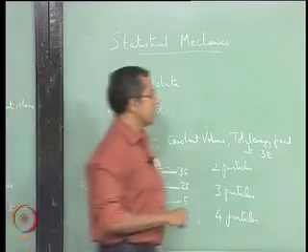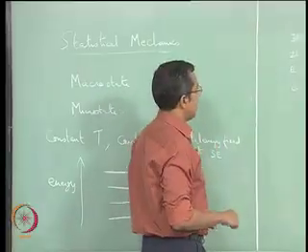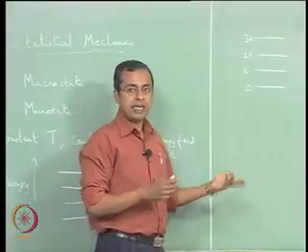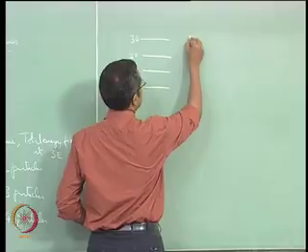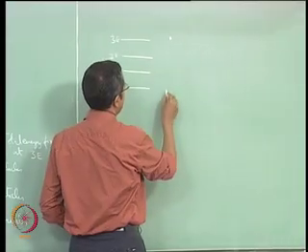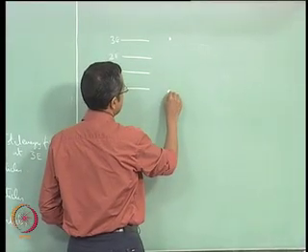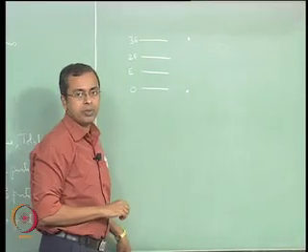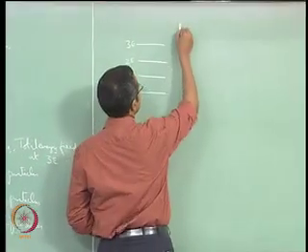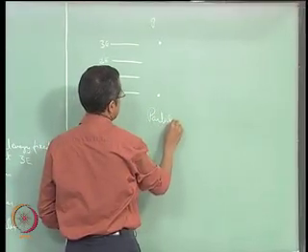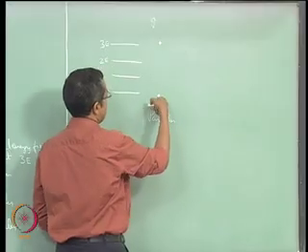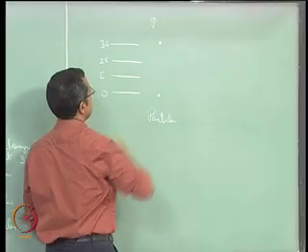Okay, so for example we have 2 particles and we know that we need a total energy of 3E. So what are the options? One option is you have a particle at 3E and the other particle sitting at 0. This is one option available to you. Okay, so these are the particles, one is at 0, one is at 3E.